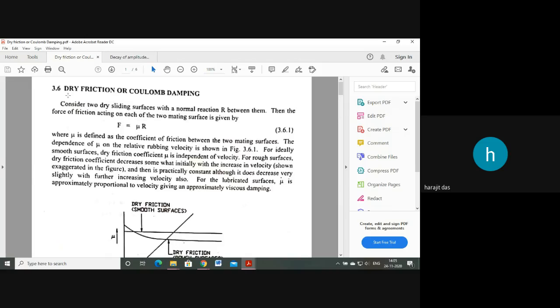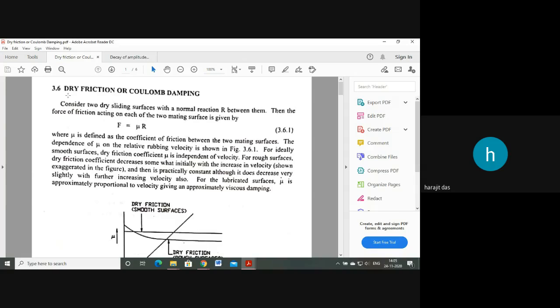So dry friction, where will it happen? In various equipment, various machineries, various machine tools, due to the rubbing of rough surfaces there will be a change of frictional force, and this results in variations of the coefficient of friction with respect to the relative velocity.